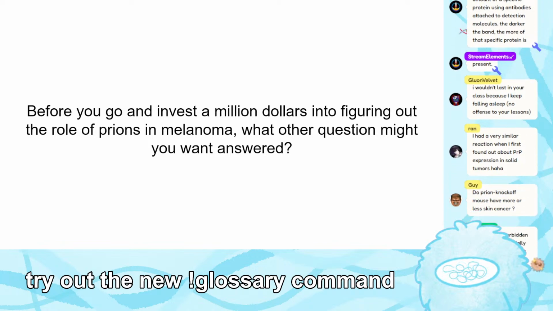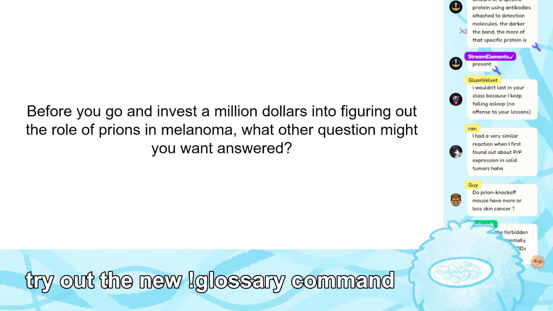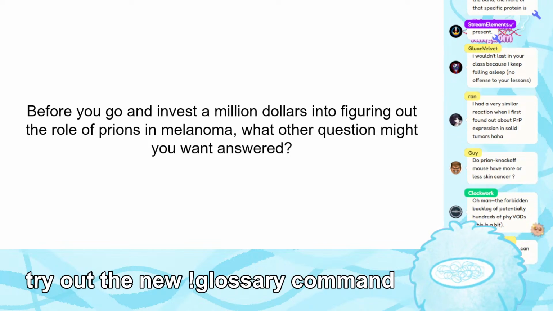A guy says, do prion knockout mice have more or less skin cancer? That's an excellent question. But I would say that's a little too expensive. There's something potentially cheaper than developing that kind of assay. Maybe not cheaper, but more justifiable than that.